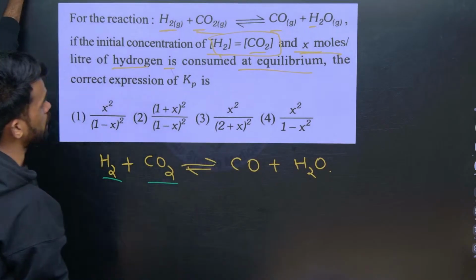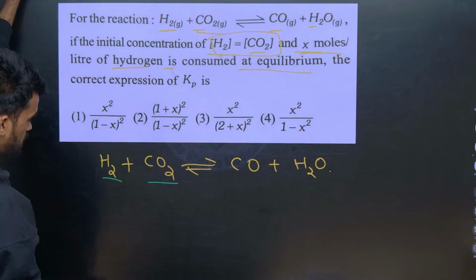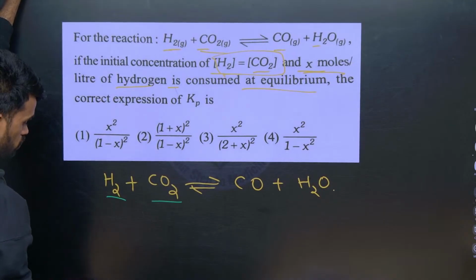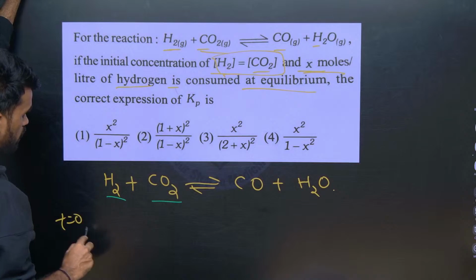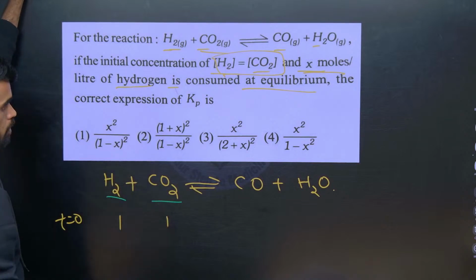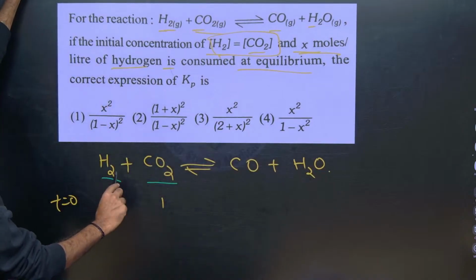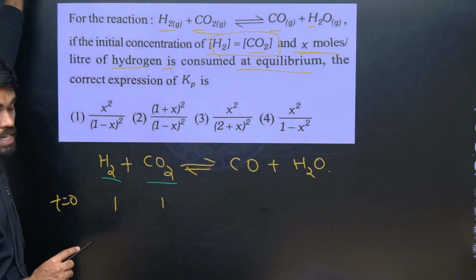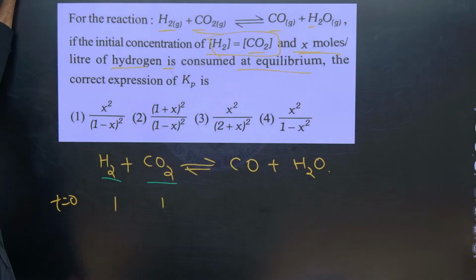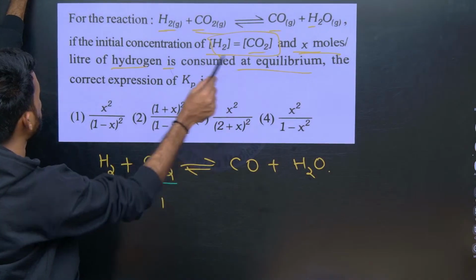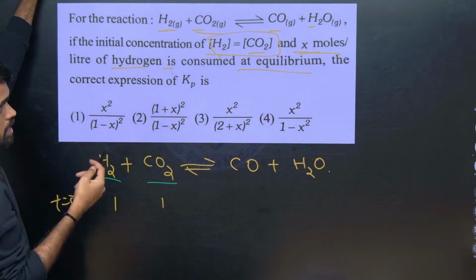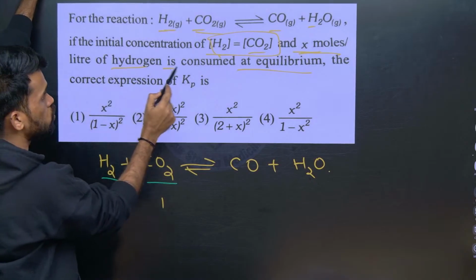Let us say at a time t0 the concentration is 1 and 1 for both H2 and CO2, because they are saying the same. And x mole per liter, like x molar concentration of hydrogen, is consumed.